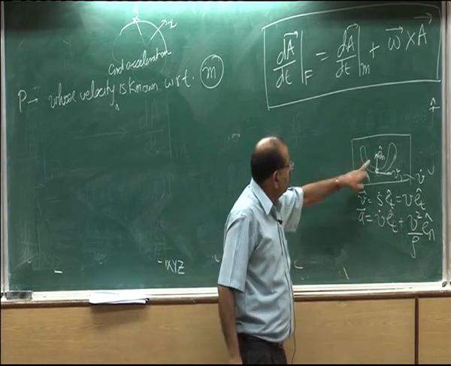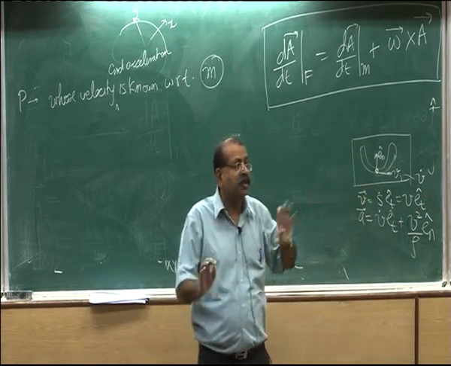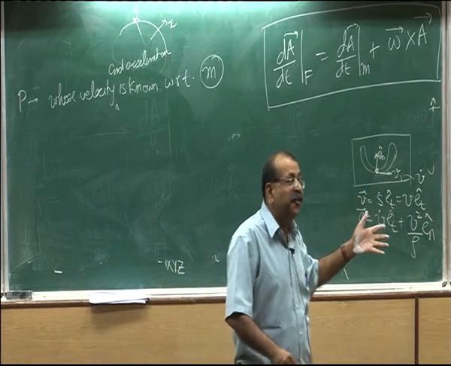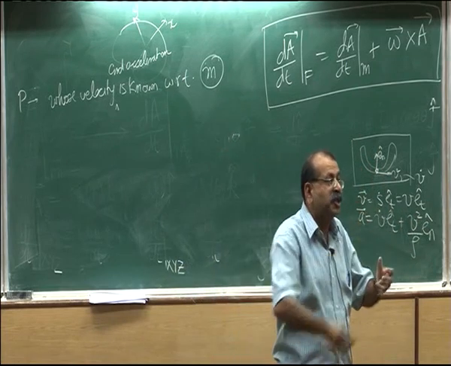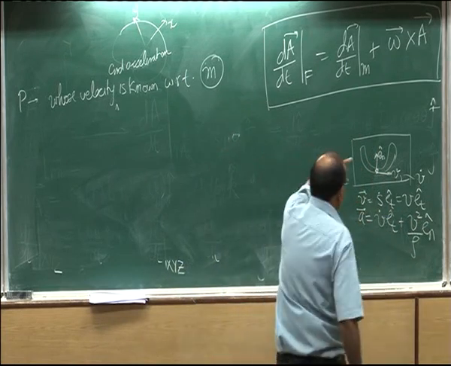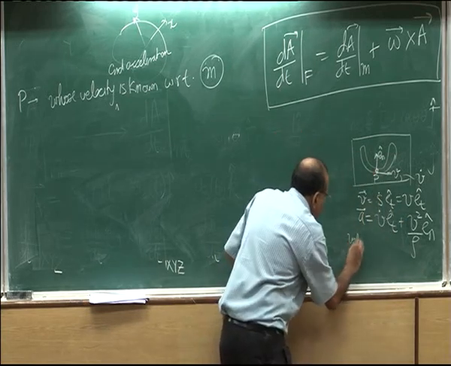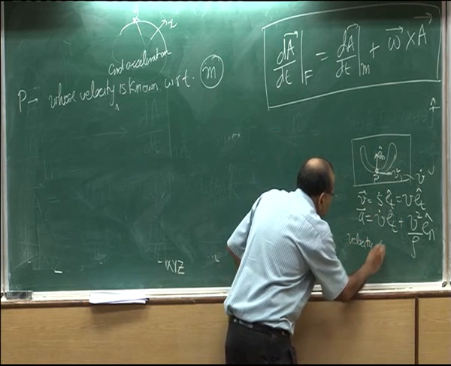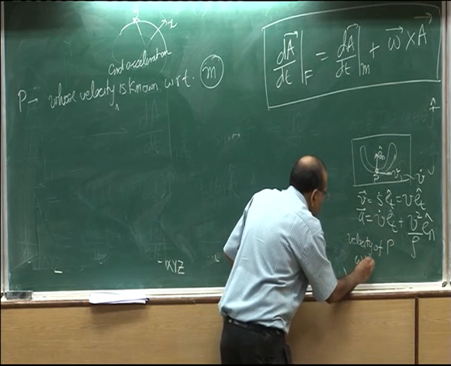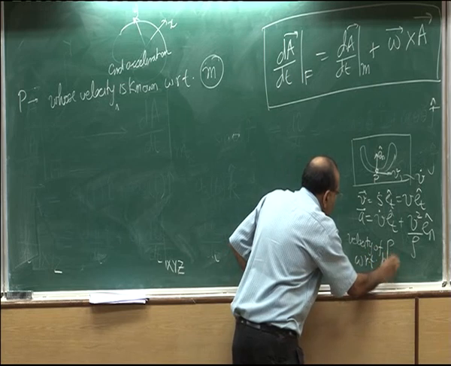So if you know this, with respect to this plate you could know things. Now the plate itself could be having a complex motion. So this is the velocity of P with respect to plate.